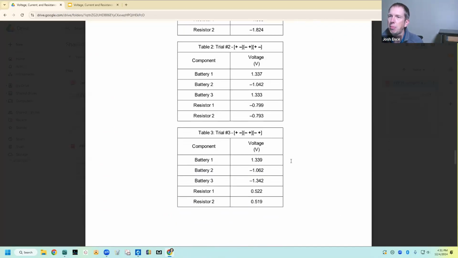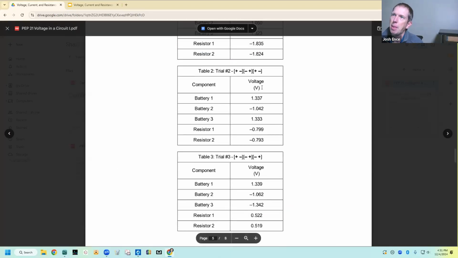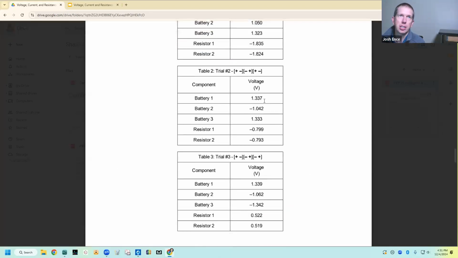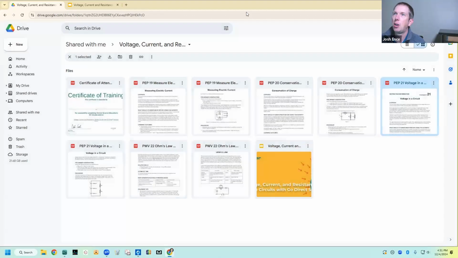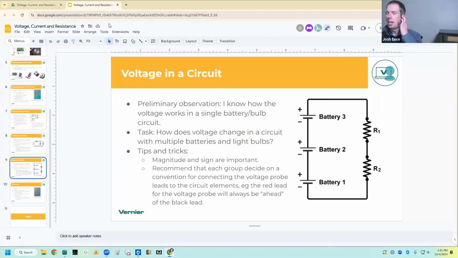What we want to help lead them to is this idea that the positives add up to the negatives. As you move around, all your ups have to equal all of your downs. One thing to note is that in order to make that work out well, they need to decide on a particular orientation for how they're going to use the voltage probe. You might suggest that as you move around the circuit, the red lead is always ahead of the black lead.